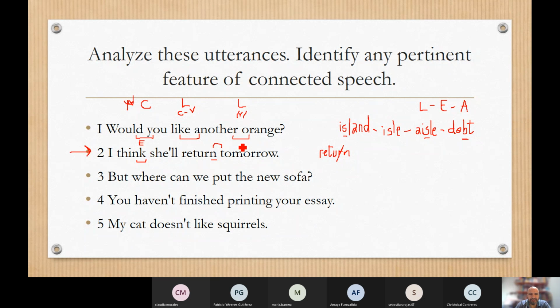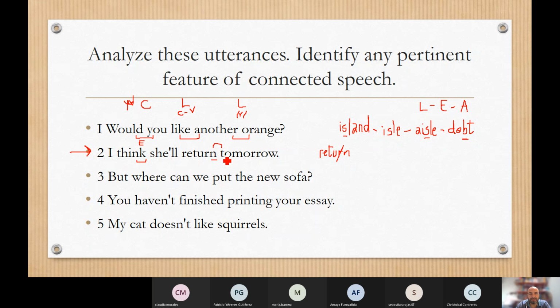In terms of manner of articulation, the way the airflow is affected, the first one is a nasal sound, the next one, T, is a plosive sound. Does the N become plosive, or does T become a nasal sound? "Return tomorrow."